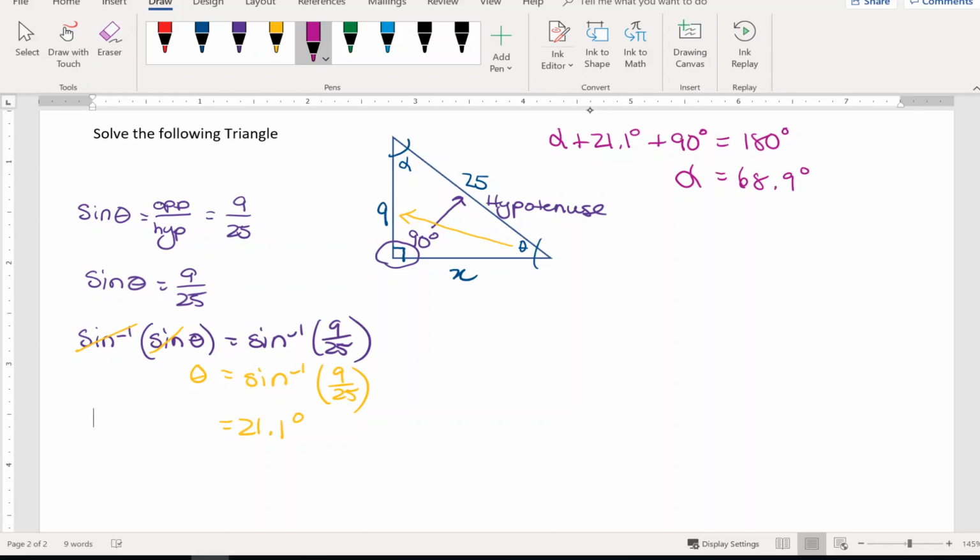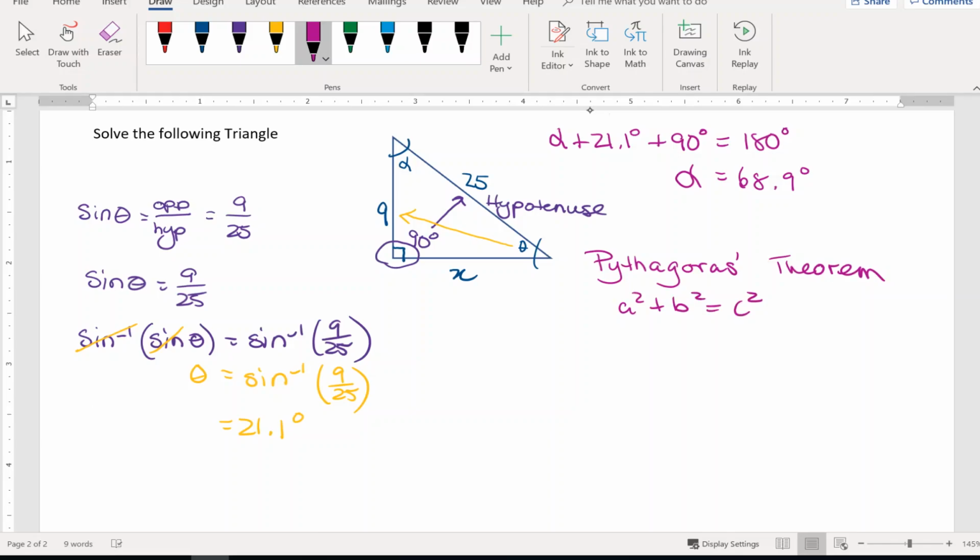So we could use our cosine trig ratio to find this side, but we could also use something else called the Pythagorean theorem. Pythagoras' theorem, which says that a squared plus b squared is equal to c squared in a right angle triangle, and c is always the hypotenuse.